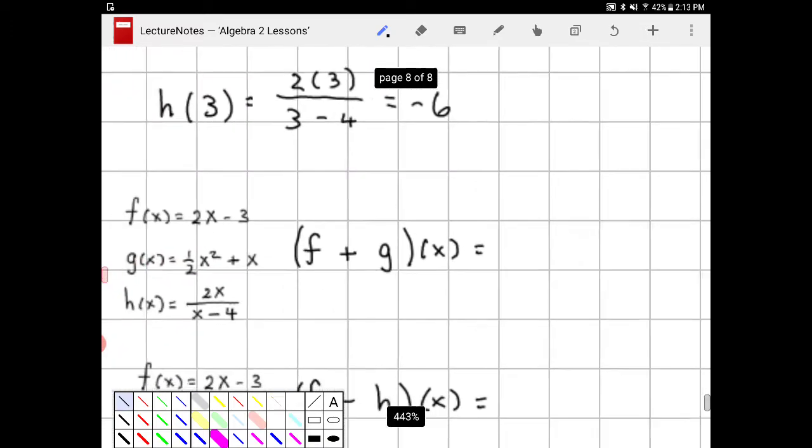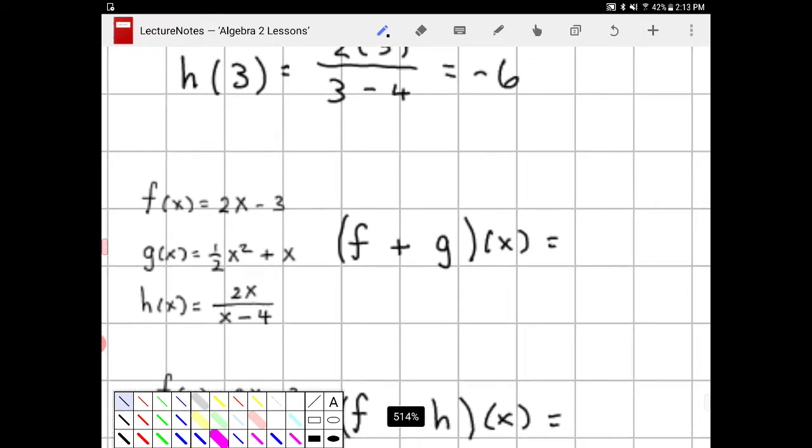Next, we're going to be operating on f plus g of x. Notice I have written on the side what f, g, and h are, to remind us, because we will be using this throughout the remainder of this exercise.